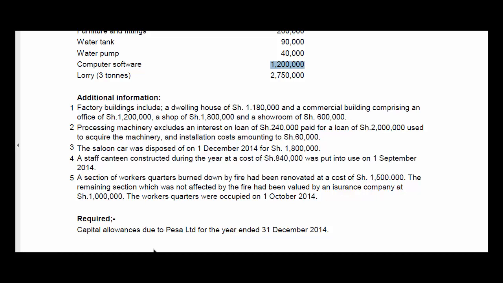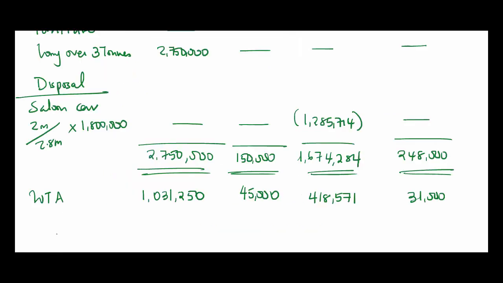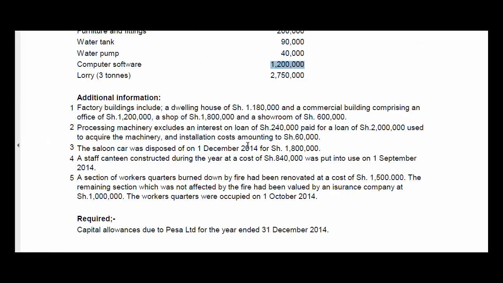So yes, computer software does not fall into the other categories, so we just compute it separately here at 20% of cost.